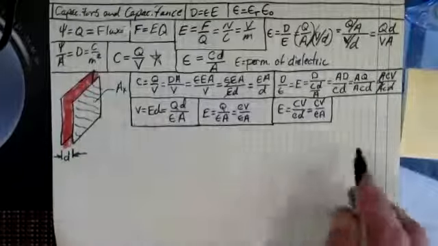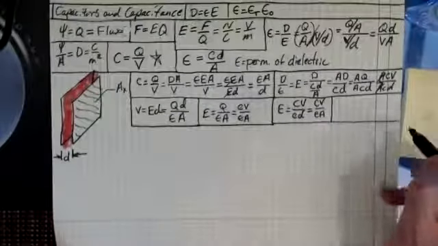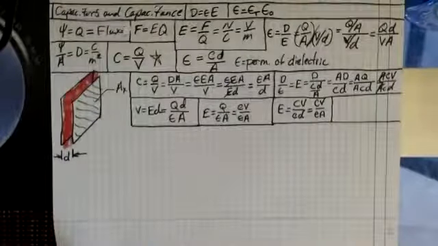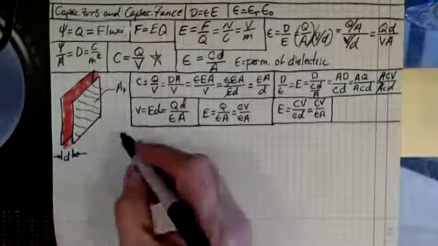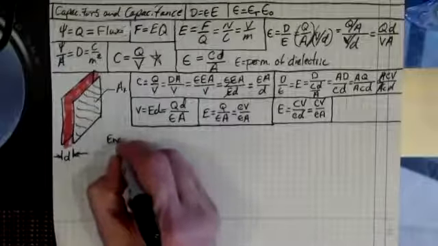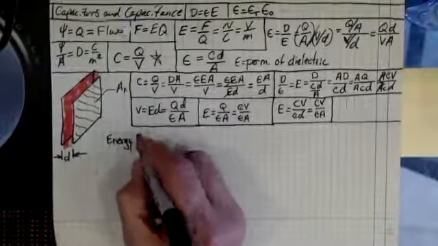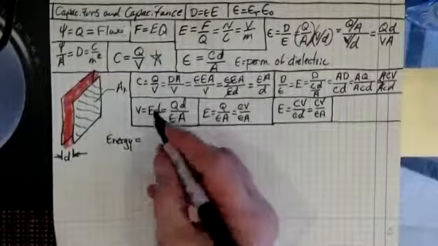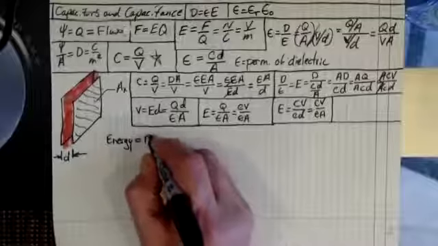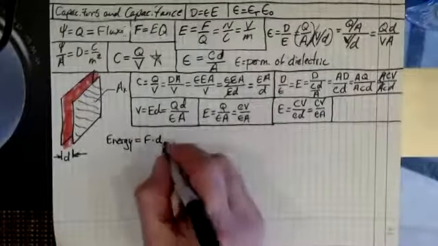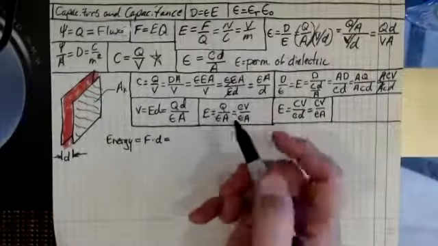But what I really want to look at now, I'm going to close that box and use it for something later, is energy. Let's look at the energy that can be contained inside a capacitor. Isn't energy force times distance?